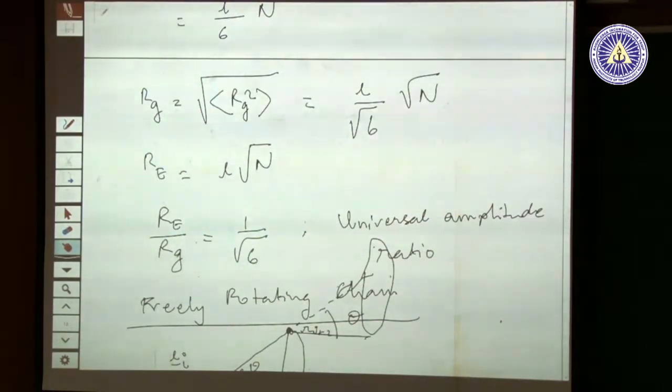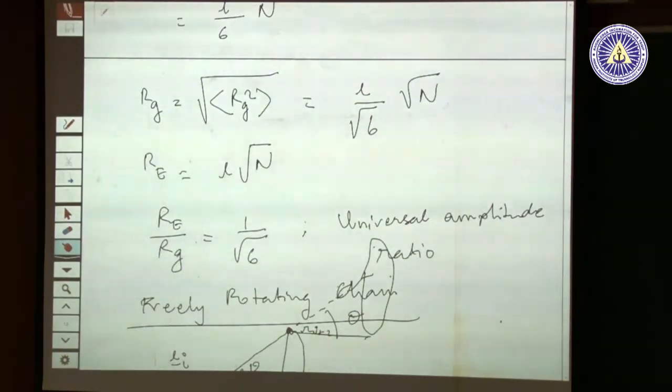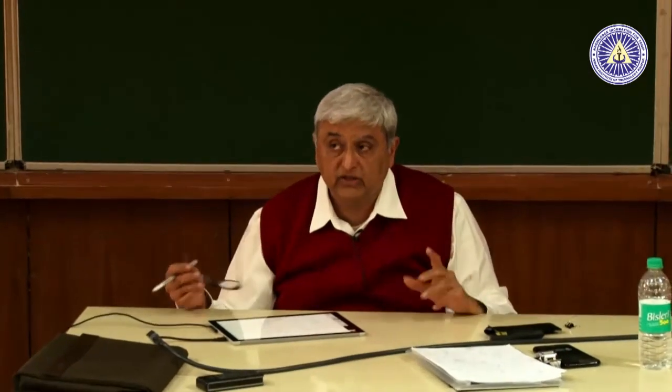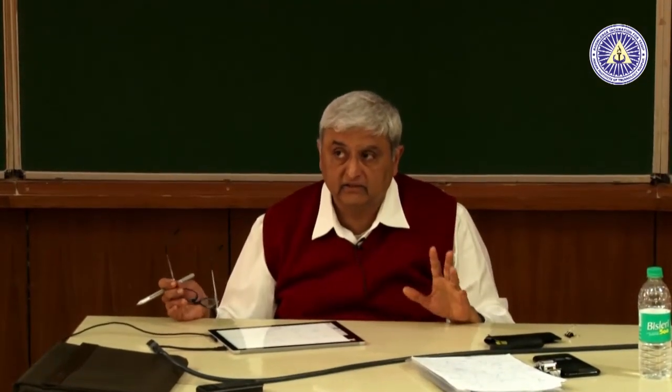For instance, if you do not put in hydrodynamic interactions, you will get a wrong prediction of this universal amplitude ratio. So it is a way of checking your theories, and these numbers are important. This number is just like a critical exponent, just like the half has importance, this ratio has importance, because it is independent of any details.